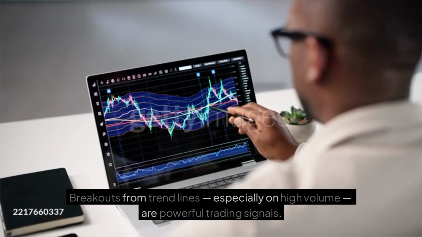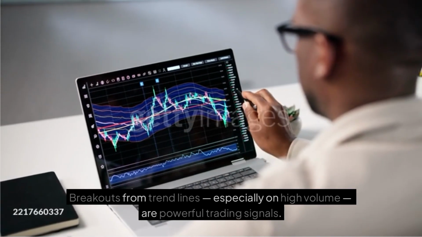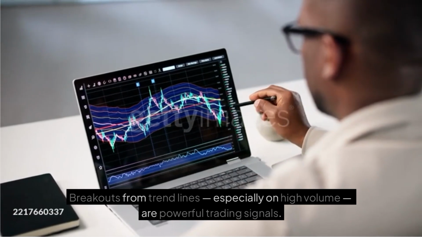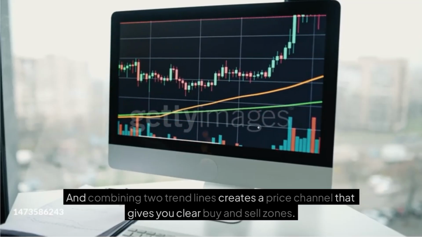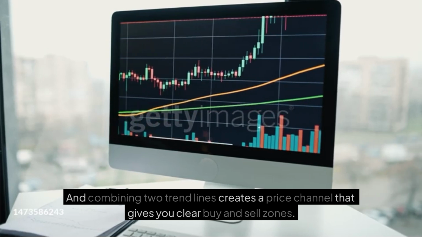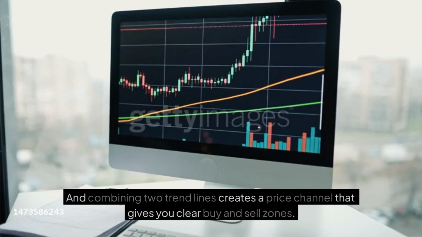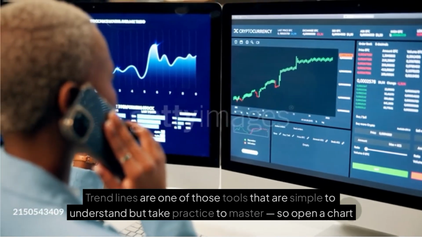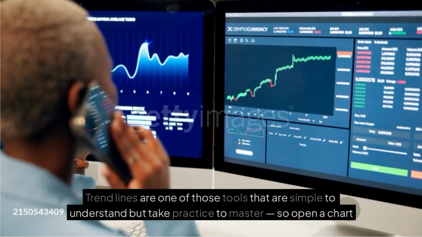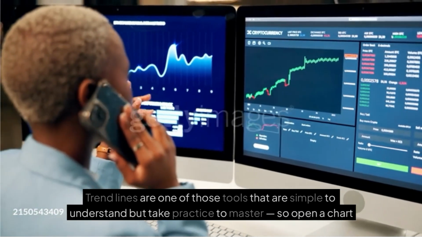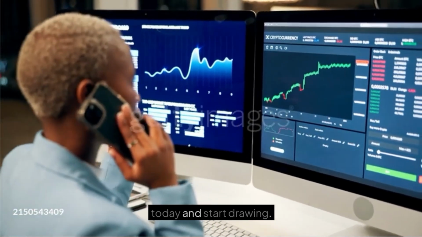Breakouts from trend lines, especially on high volume, are powerful trading signals, and combining two trend lines creates a price channel that gives you clear buy and sell zones. Trend lines are one of those tools that are simple to understand but take practice to master. So, open a chart today and start drawing.